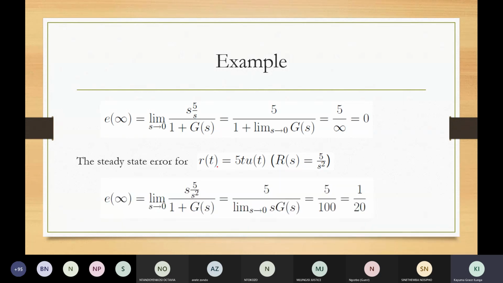Then when we come here, we're going to see that this s will simplify with that one. So we'll have 5 over s, and that 5 over s, if we apply the final value theorem, remember we will still have one s because there is s here and there is s.